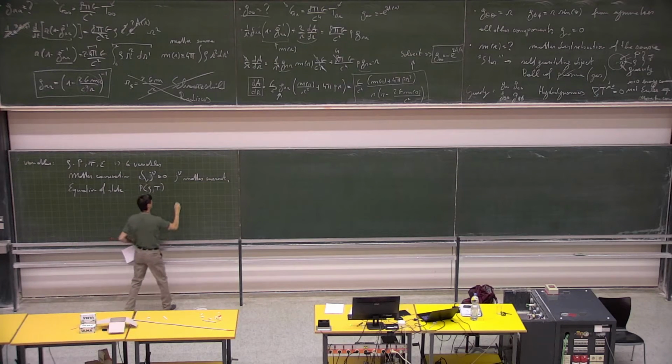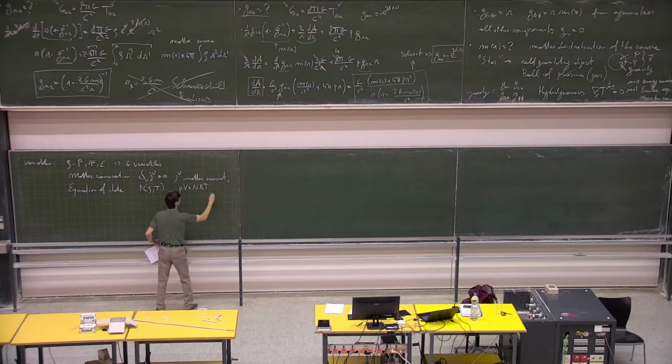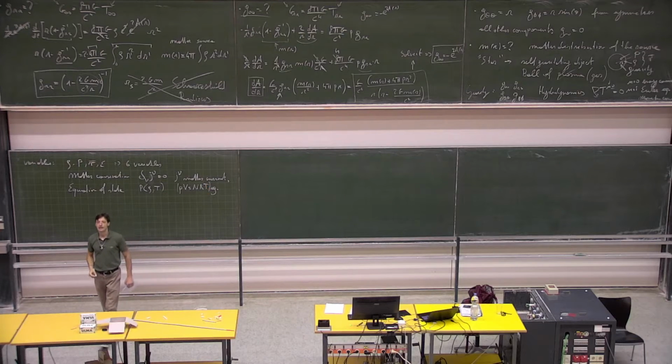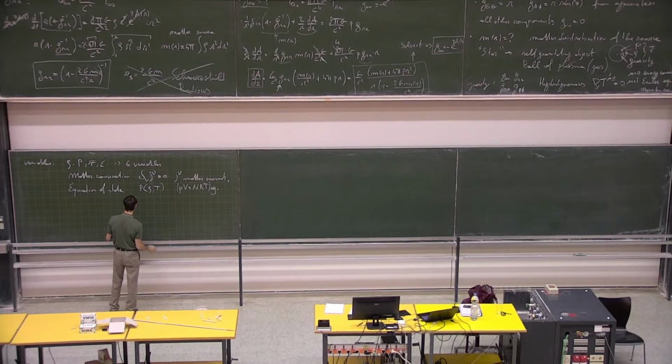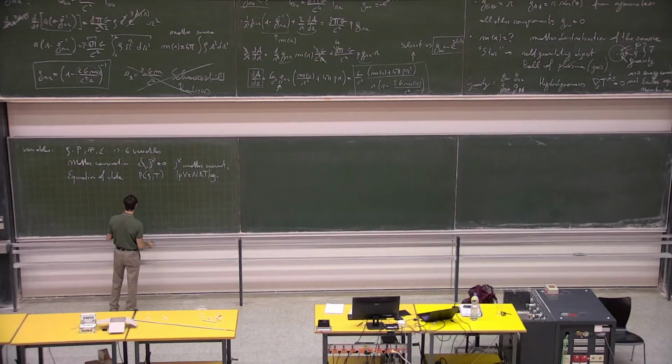What's that stuff? You already know PV = nRT, for example. Okay? This is for an ideal gas. If you have other sorts of gases, then you need an equation of state that is good for this sort of object.